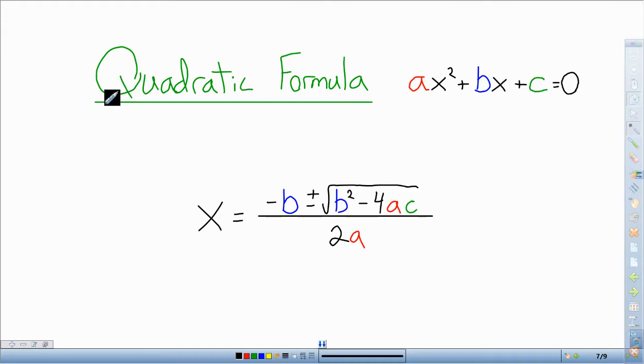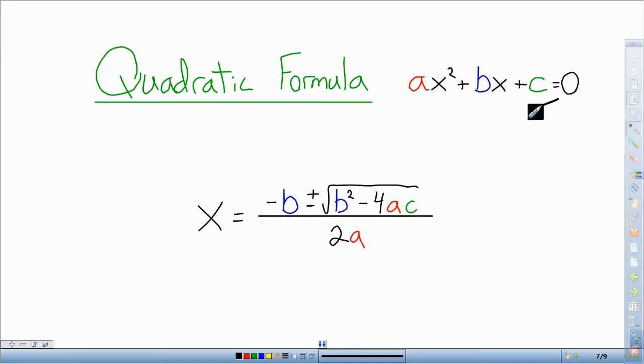Okay, so first things first, quadratic formula. The nice thing about it is it's already solved for x. All of the solving and moving things has already been done for us. All we have to do is plug in some numbers and type them into our calculator, basically, and we have our answer. We just have to make sure we get our numbers in the right spots.